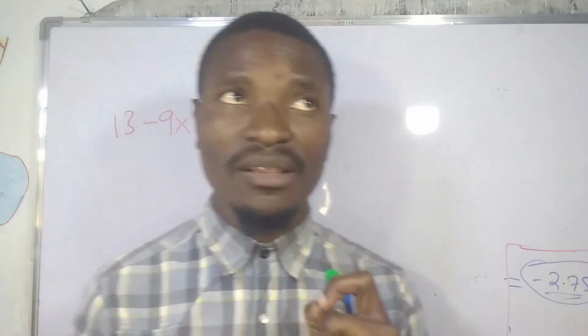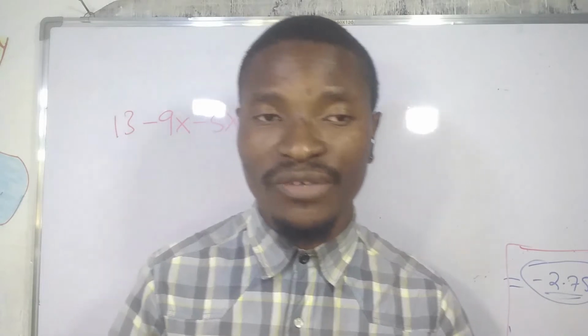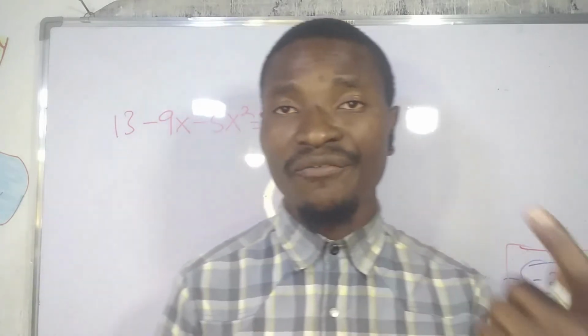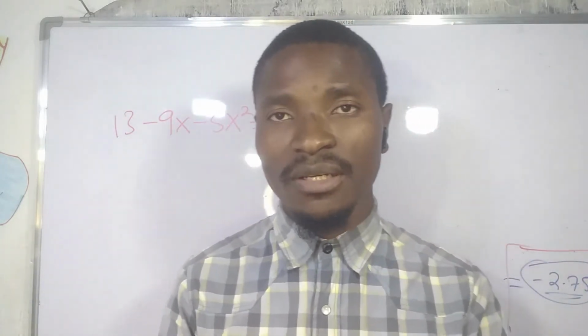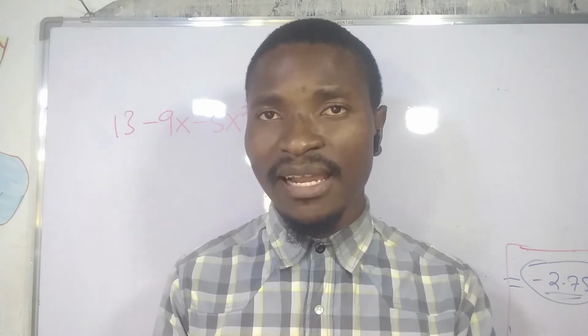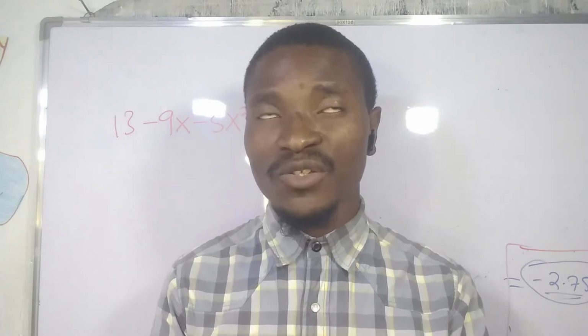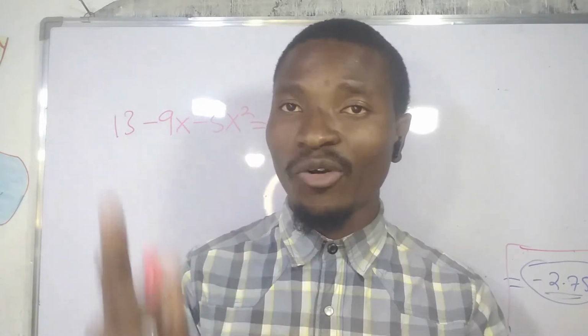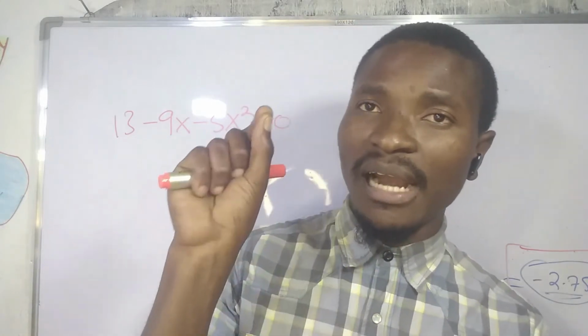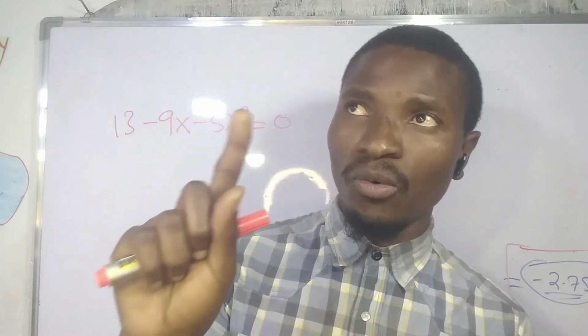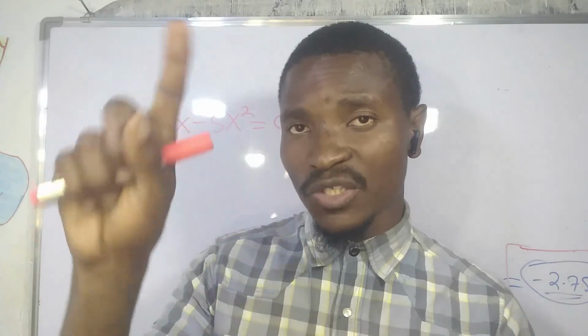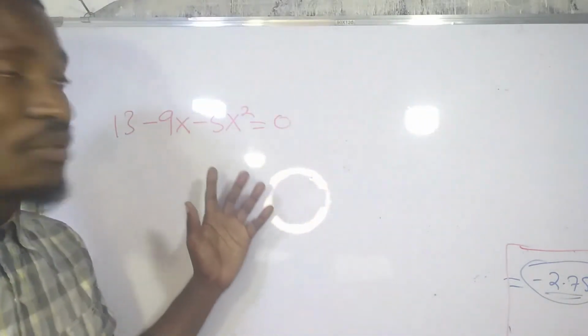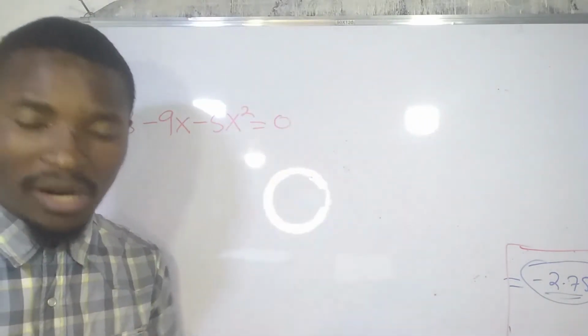So one of the fundamentals of solving a quadratic equation using the completing square method is to understand that first of all you have to make sure that the coefficient of the squared term should be left as only 1.